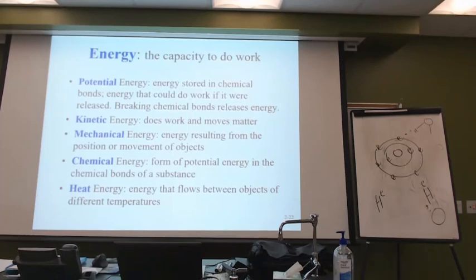Metabolism is the sum of all the chemical reactions of the body. This means we are building bonds, storing energy, breaking bonds, giving off energy. This helps contribute to maintaining our body temperature.